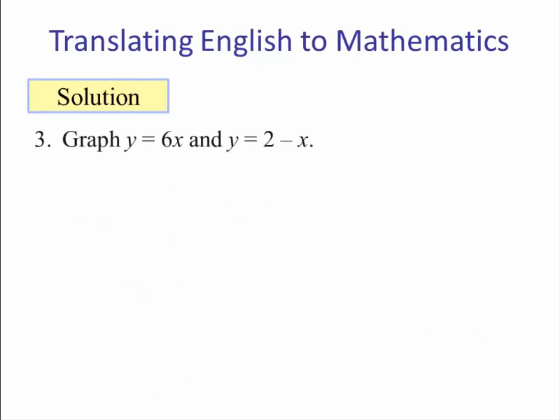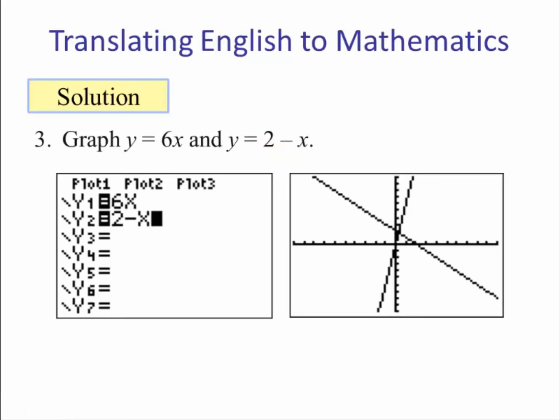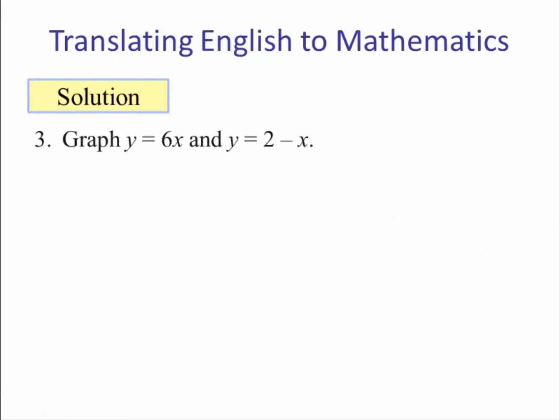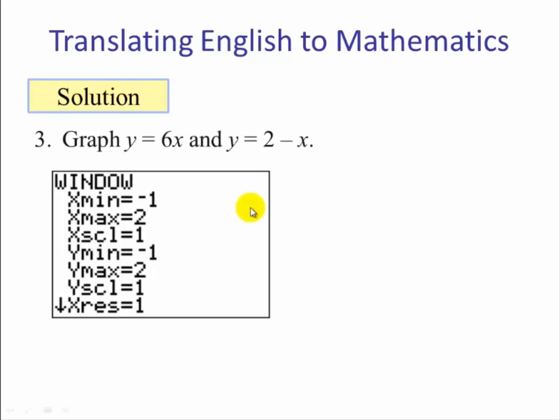Number 3, let's graph this equation. The expression on the left hand side was 6x, and on the right hand side it was 2 minus x. So we're going to put this in y1 and we'll put this in y2. We hit graph and we see that they intersect right here. To see the intersection point better, I hit window and change these window settings.